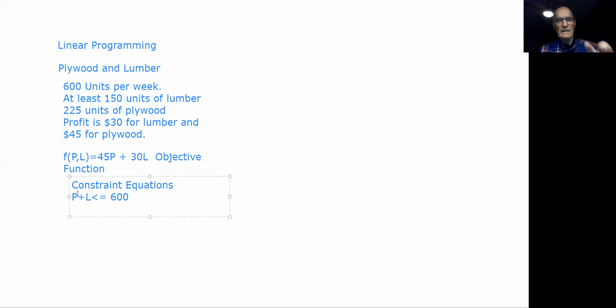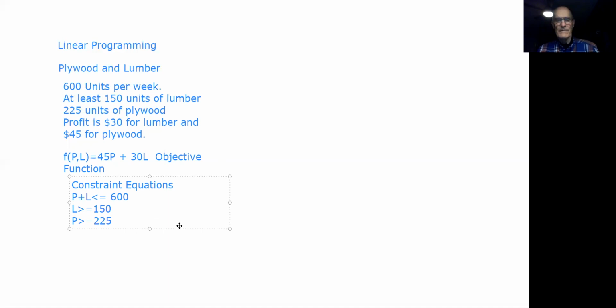Now, I have to make at least 150 units of lumber, so L has got to be greater than or equal to 150, and plywood, so that's P, has got to be greater than or equal to 225.